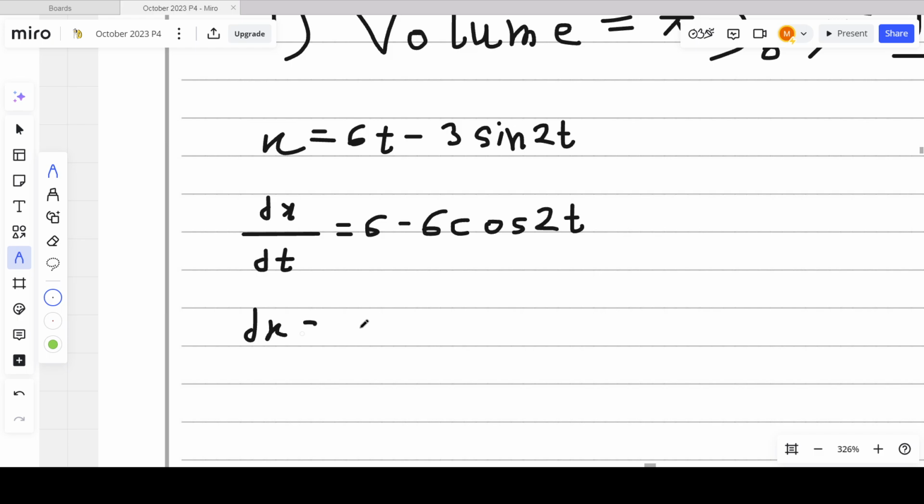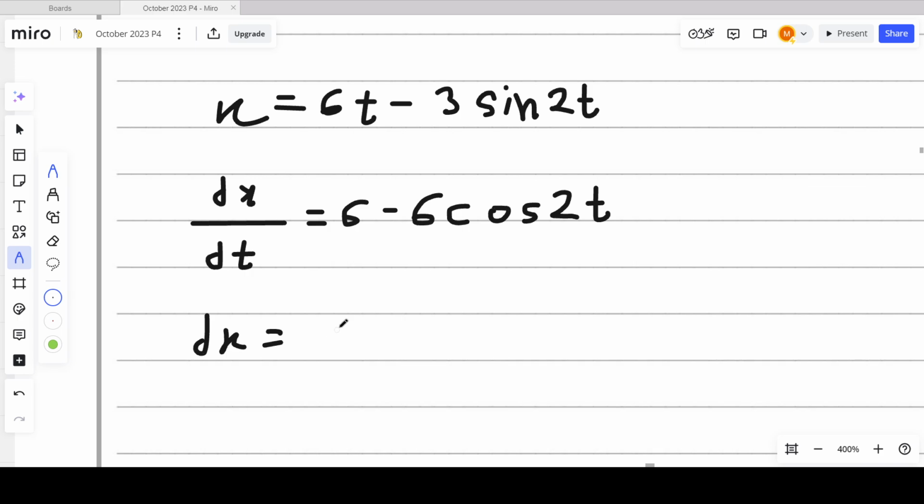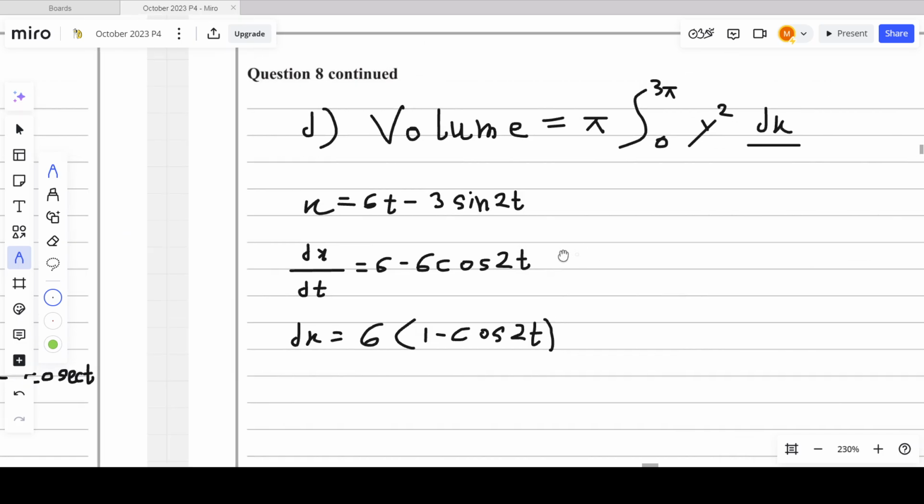So what you will get? We can make 6 the subject from there, so you can write 6 times (1 minus cos 2t). Before simplifying cos 2t, let us see what the substitute would be.